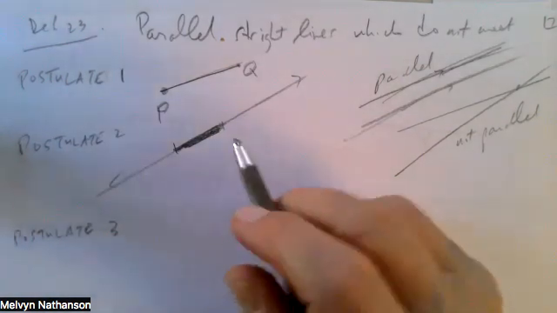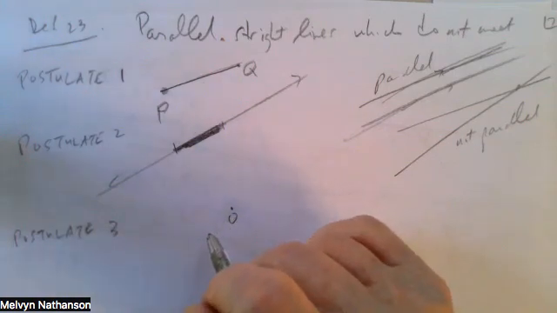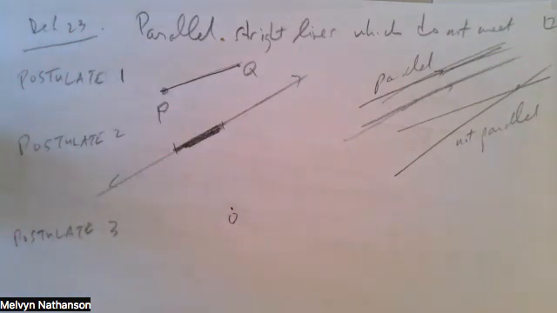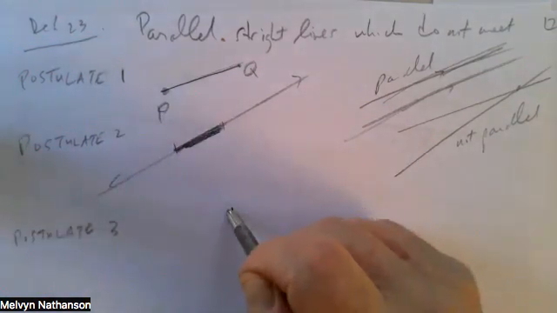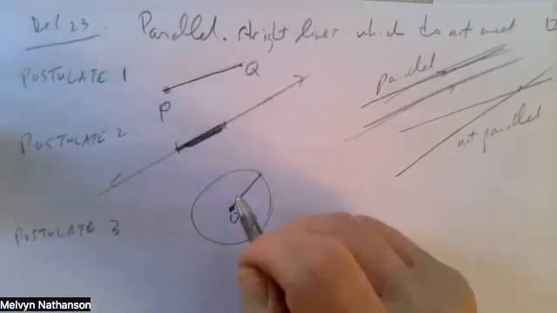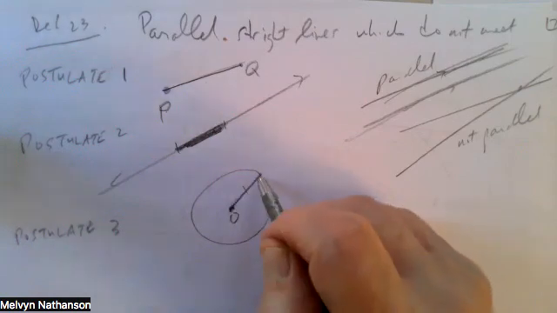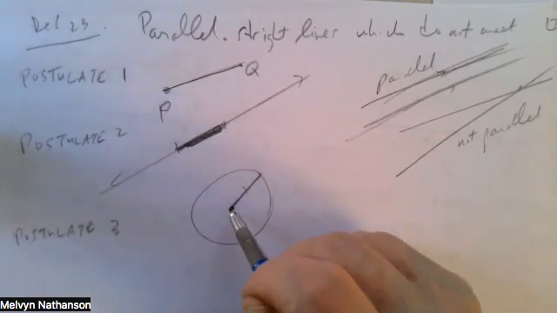Postulate 3 says if you have any point, call it O, and any distance or line segment, you can construct a circle with center at O and your given length as the radius.